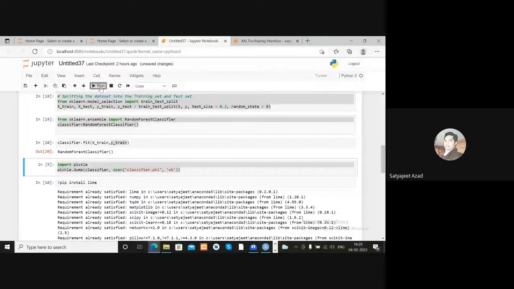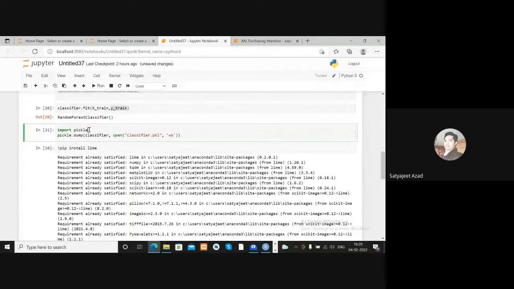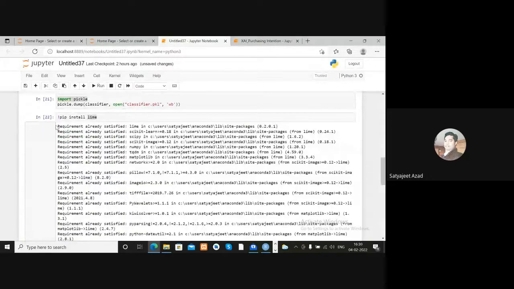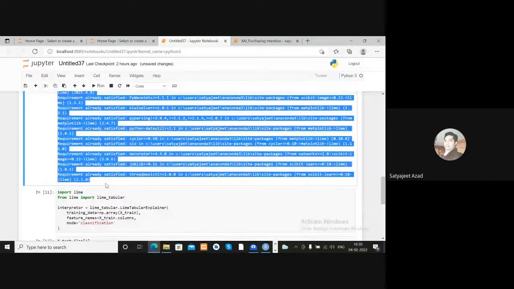These are some commands. Pickle is to save the classification model, that is why we are importing it. This is a library, and we are running this pip install command line. This line is basically used to interpret your AI model. Once I use this command, it gives us some verbose comments.